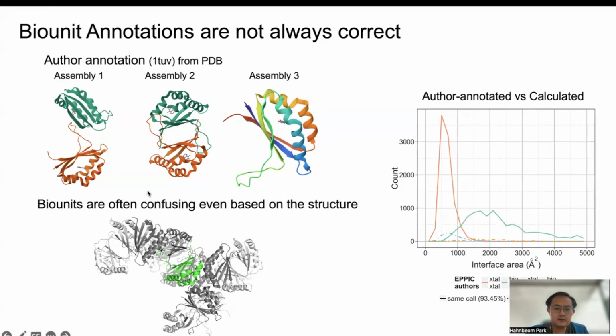If you carefully look at the crystal structure of this protein here, which one do you think would be the biological unit? It's hard to judge. So authors thought maybe this is the biological unit, or this one can be, or the author even thought it may not form any oligomer, and it'll work as a single monomer.